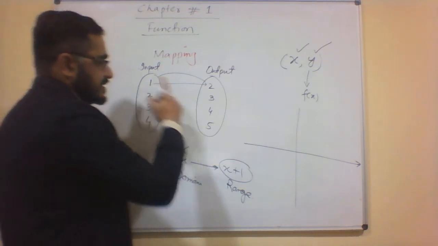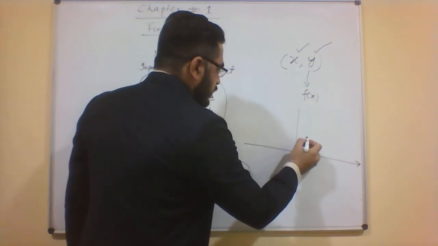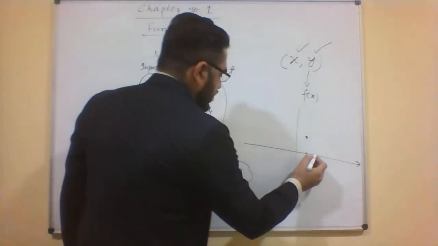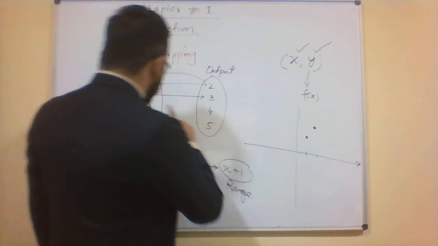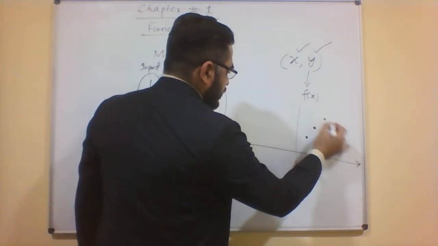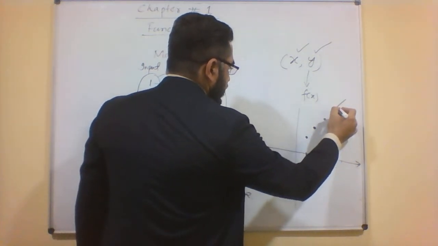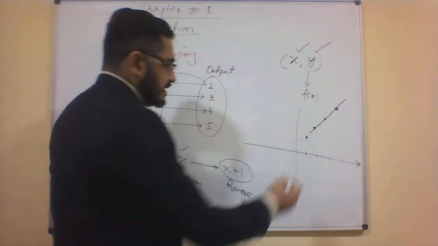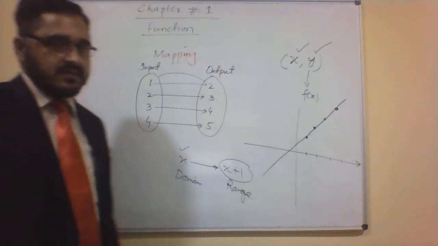Along x-axis we will go 1, along y-axis we will go 2. In the same way, for x equal to 2, f of x is 3. For 3 here is 4, for 4 here is 5. Graphically, we can draw like this. Understood?